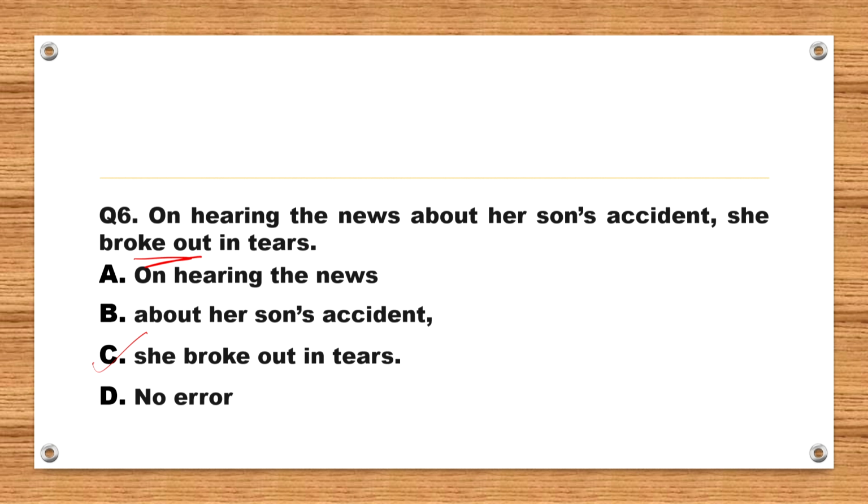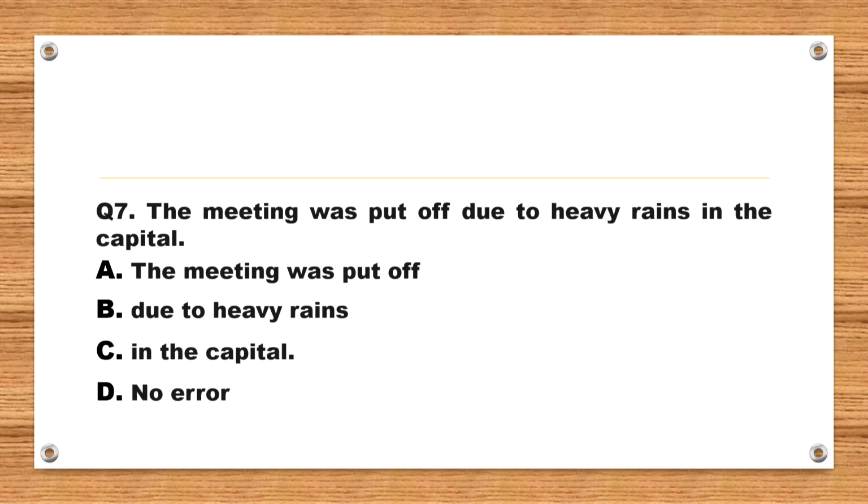So clearly, none of them fits in the given sentence. The correct phrasal verb according to the sentence should be broke down, as she is crying due to shock and sadness. Broke down means to lose control emotionally or mentally. Hence, the correct sentence should be: on hearing the news about her son's accident, she broke down in tears. Now, moving on, solve this.